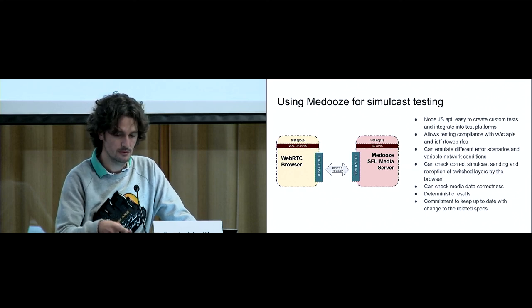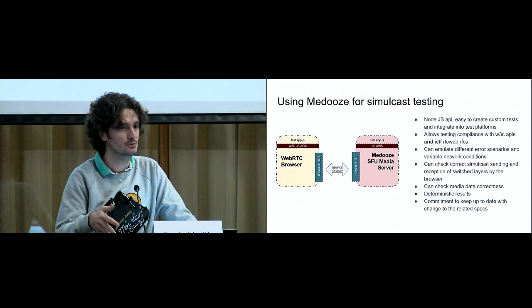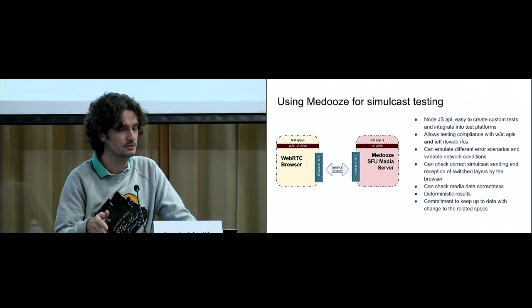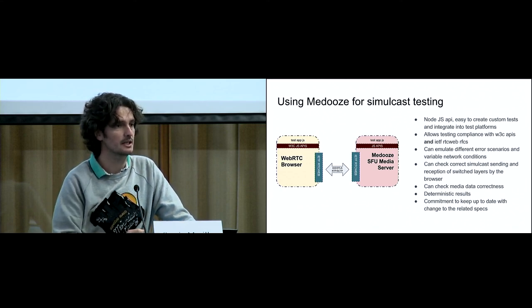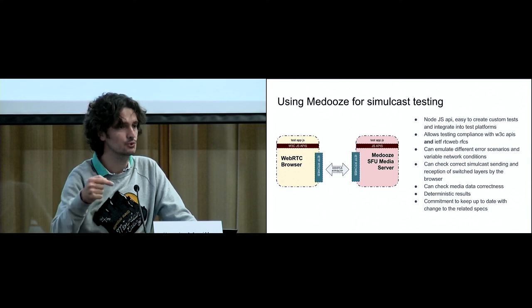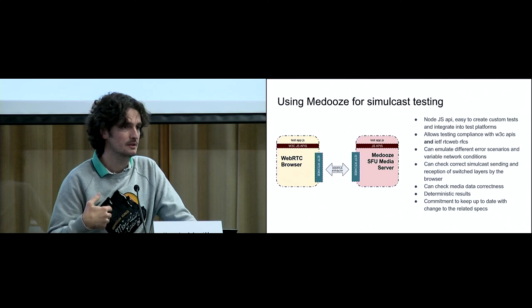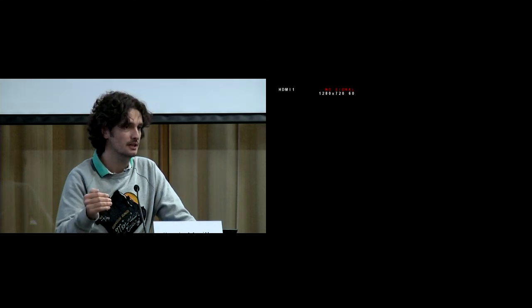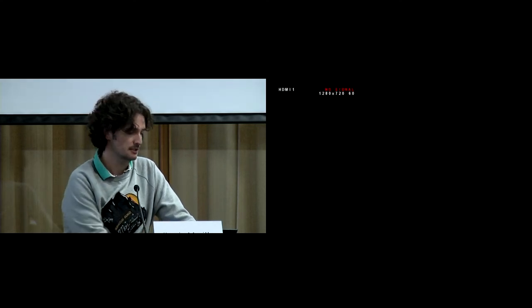And then if you want, you could also extend that test to send back one stream and start switching between these simulcast streams to make sure that the browser is able to consume each of the layers that it's producing, with the same frames per second that it's sending.